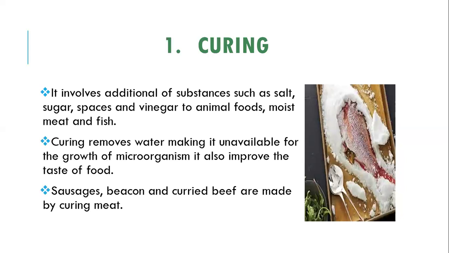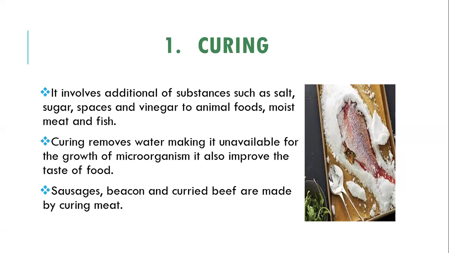Curing is the first traditional method, which involves the addition of substances such as salt, sugar, spices, and vinegar to animal foods, meat, and fish. As you can see here, this fish is put with salt just to preserve it.